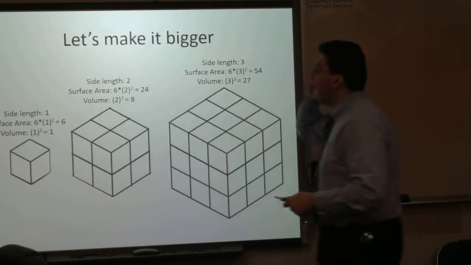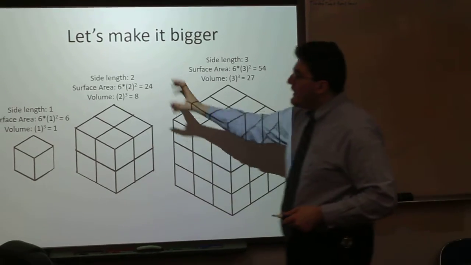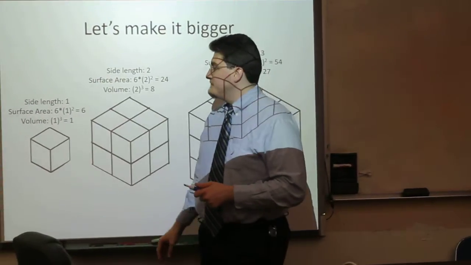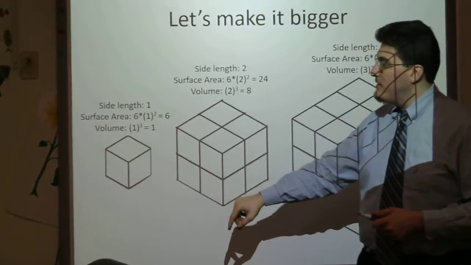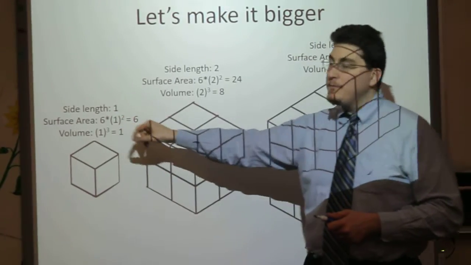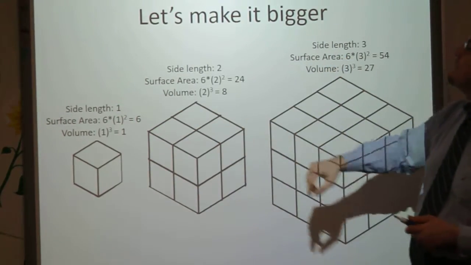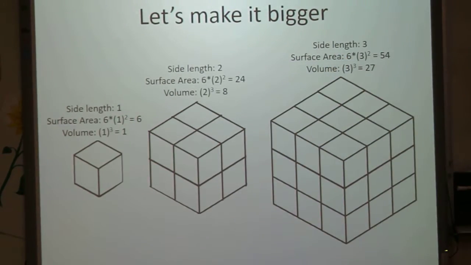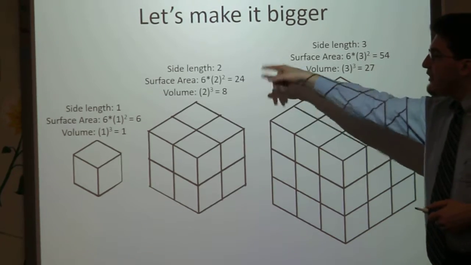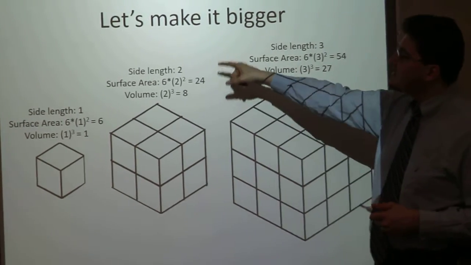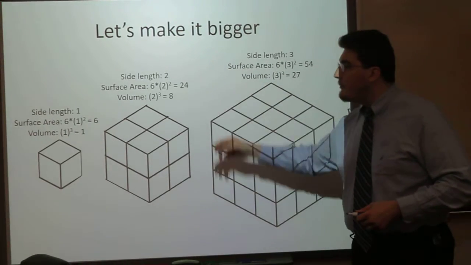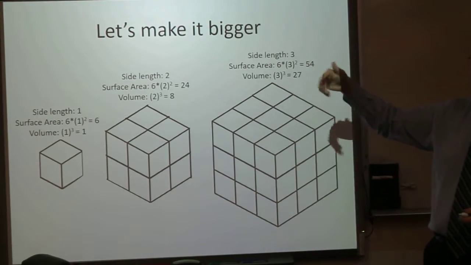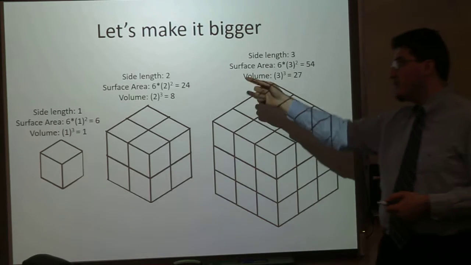So that means that if our side length is 1, our surface area will be 6 because it's 6 times 1 squared, and our volume will be 1 because it's 1 cubed. If our side length is 2, then our surface area will be 24: 6 times 2 squared, which is 6 times 4, which is 24. And our volume will be 8, which is 2 times 2 times 2, which is 2 cubed.